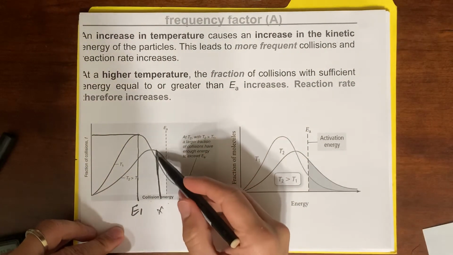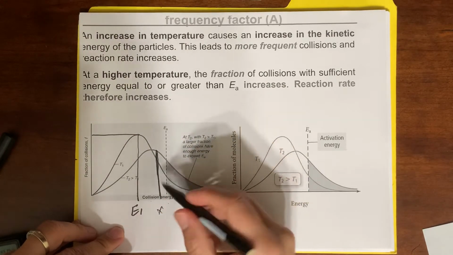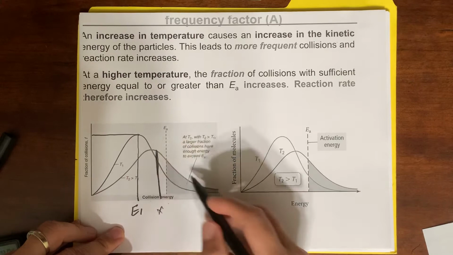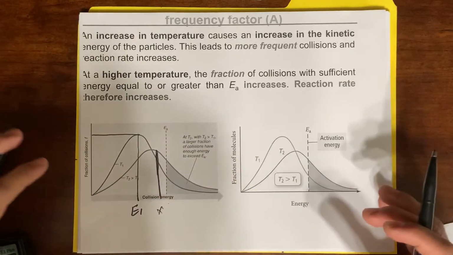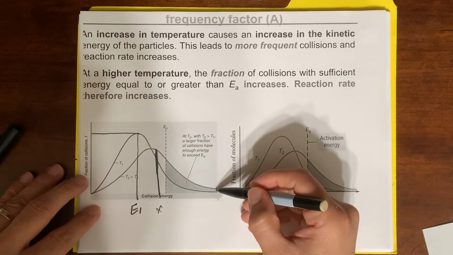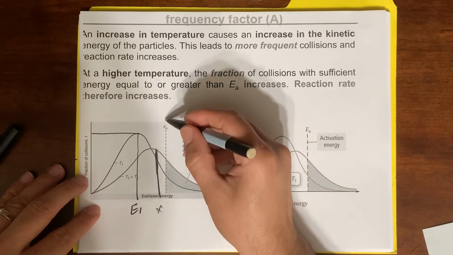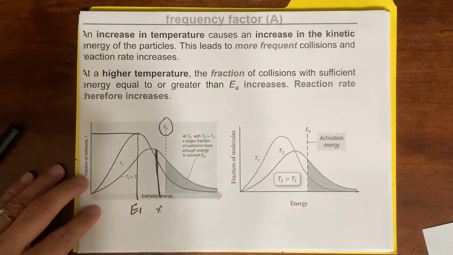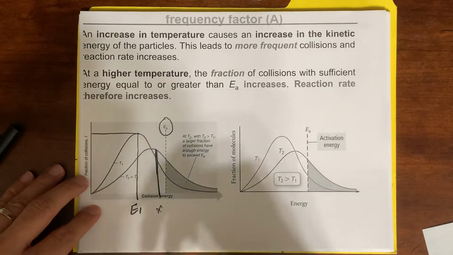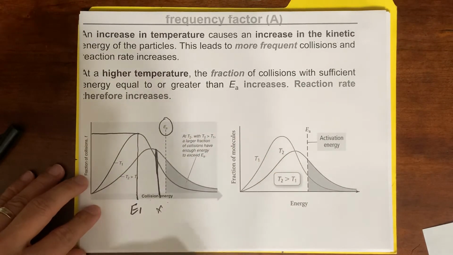But check this one. When we increase the temperature to T2, the peak of the graph got stretched. Now, if you check this area, we have a bigger area that's passing the minimum energy that we need to apply to ignite the reaction. This is the activation energy.